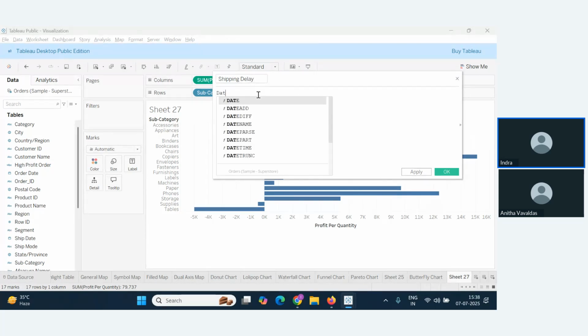I'll use a function called date function. And here we'll pass the date part first of all, we need to give the date field, comma, order date, comma, ship date. Okay. Something is wrong.